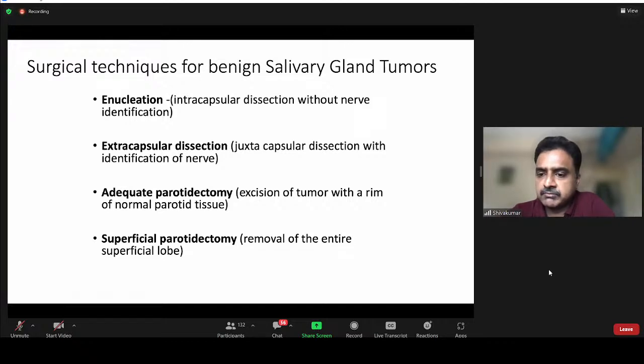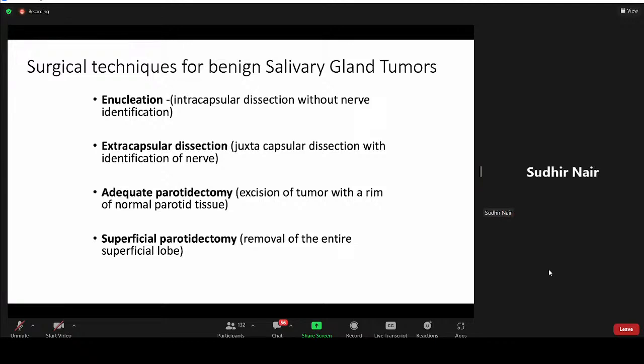Dr. Sudhir, any addition to what's been said? I agree with Dr. Gopal. You have to define what is an adequate parotidectomy. As you mentioned, it is a parotidectomy with a rim of normal parotid tissue; it can be superficial, less than superficial, or more than superficial. The traditional teaching for a pleomorphic adenoma presenting superficial to the facial nerve is a superficial parotidectomy.